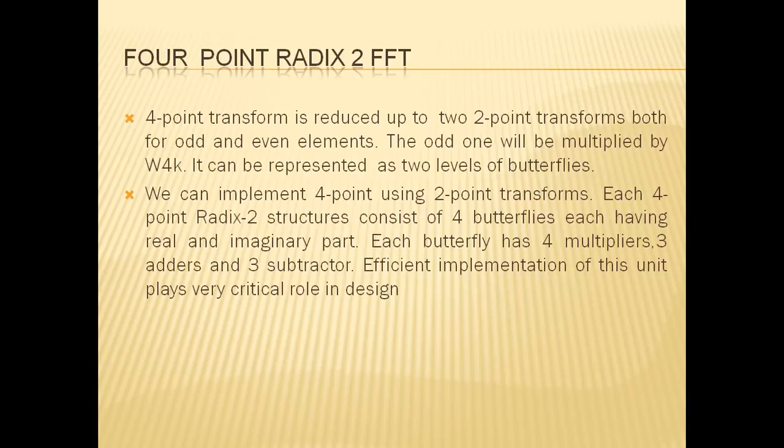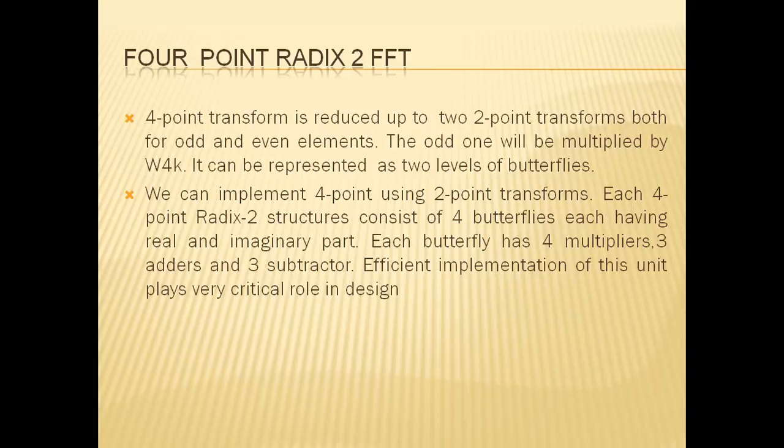An efficient implementation of this unit plays a very critical role in the design. As I said, it has 4 multipliers, 3 adders and 3 subtractors. So a better adder and a better multiplier design can enhance the overall structure of that particular butterfly, or you can say the FFT structure.